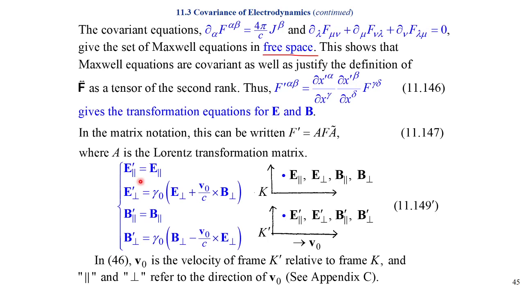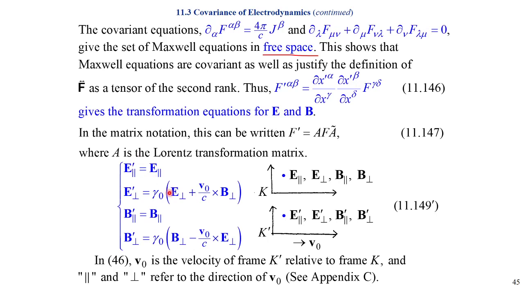What is E and B? Actually, parallel is just one component, and perpendicular we have two components, but for our convenience we just write it here. One component, two component, one component, two component. Okay.